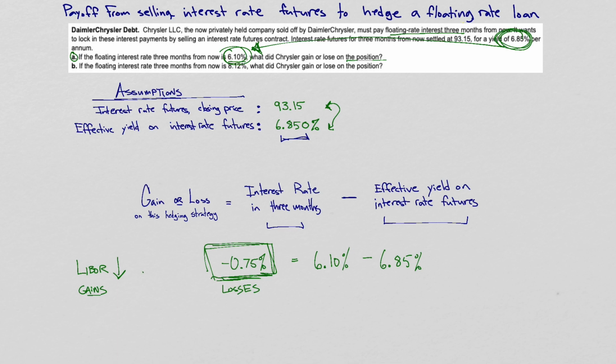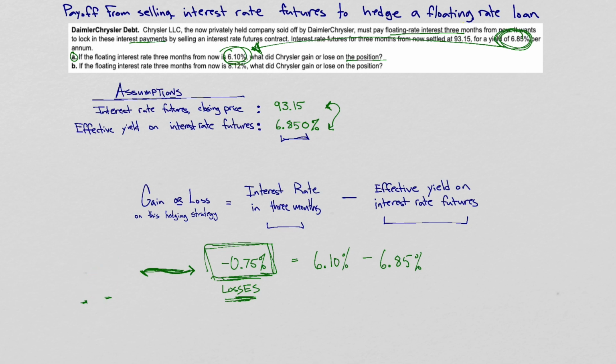And if we size this relationship right, if we short enough futures contracts, which is beyond the scope of this problem, such that the dollar amount of losses offset the dollar amount of gains from our reduced interest payment on our loan, then we have effectively locked in an interest rate payment. We've created a fixed rate. No matter what happens with the futures position, it's going to be offset by the amount of gains on our reduced cost of loan, and vice versa.